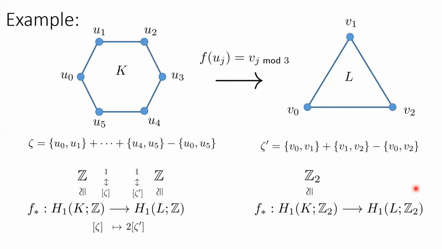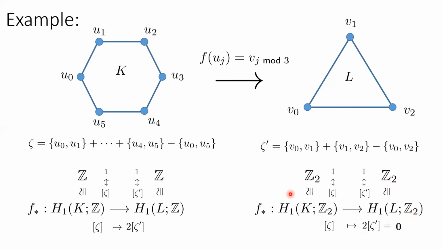So again, the two homologies are Z mod 2, and here are the corresponding generators, zeta for K and zeta prime for L. If we look at F star, it is going to send zeta, the generator in K, to 2 times zeta prime, the generator in L, but since we're doing everything modulo 2, we remember that 2 is actually equal to 0. So modulo 2, 2 is equal to 0.